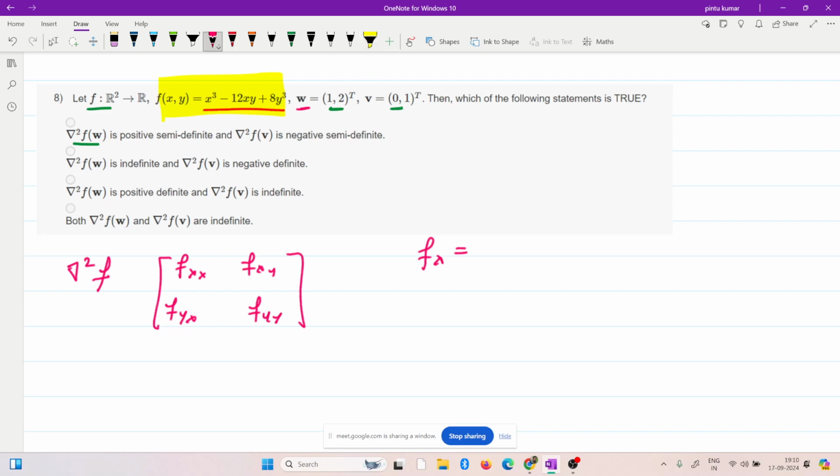The partial derivative with respect to x is 3x squared minus 12y, and we have no terms having x in the last component, so 0 from there. Then what is f of y? Similarly, we don't have any y term in the first component, then minus 12x plus 24y squared.